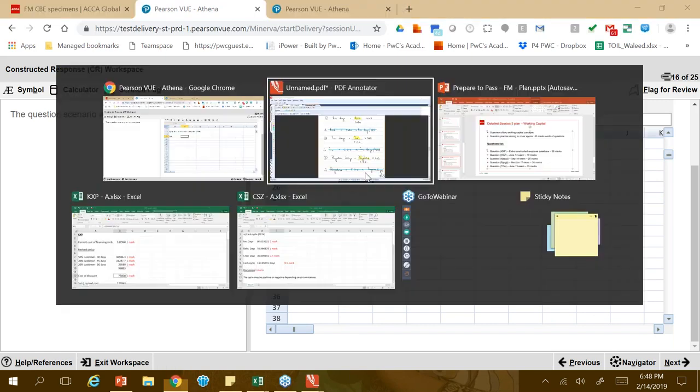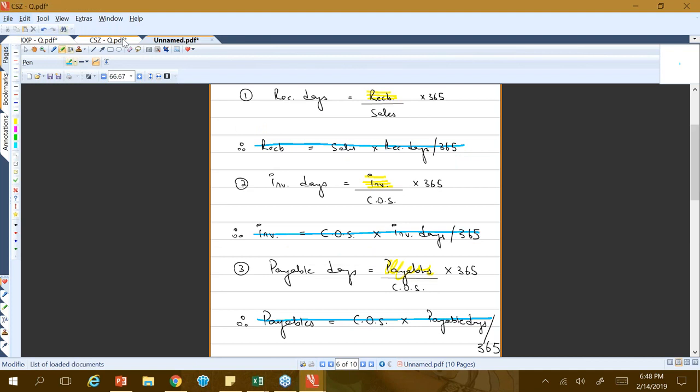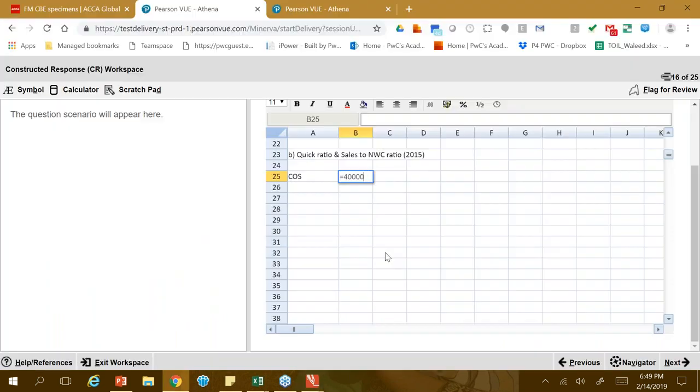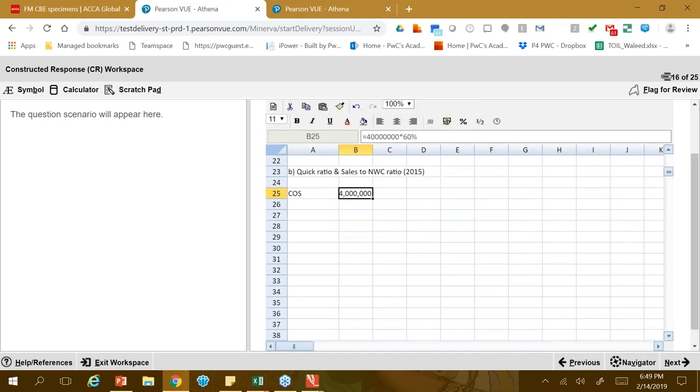The information in the question said that the cost of sales for next year will be 60% of sales. So 60% of the 40 million. Let's take the 40 million, take 60% of that, and that gives me the $24 million. $24 million is your cost of sales.